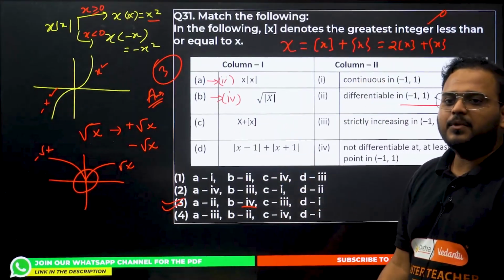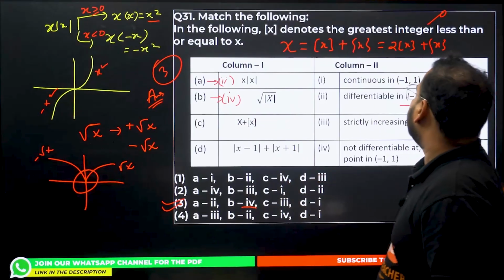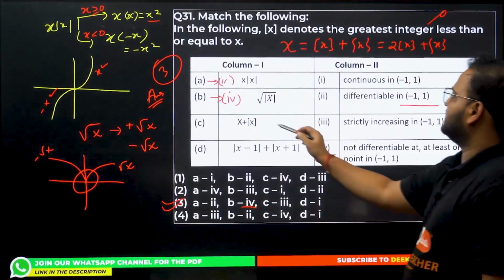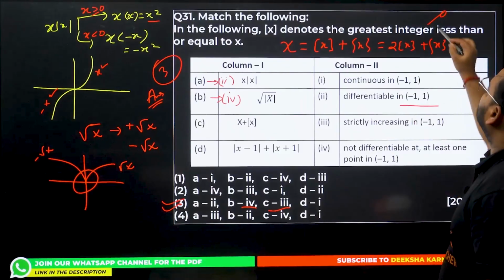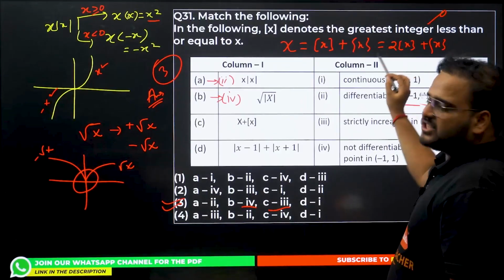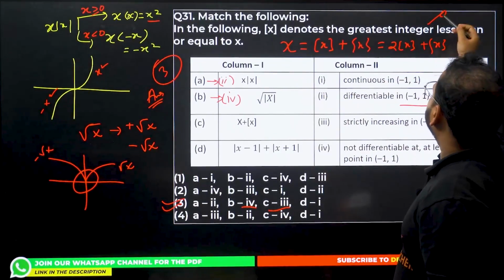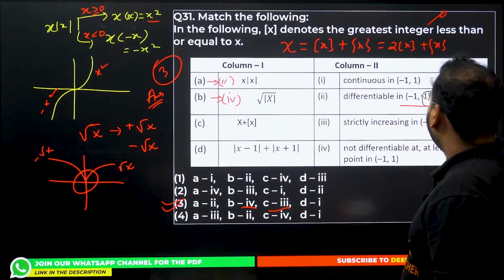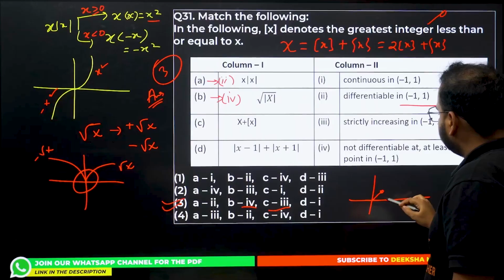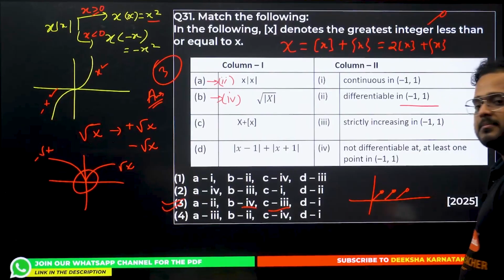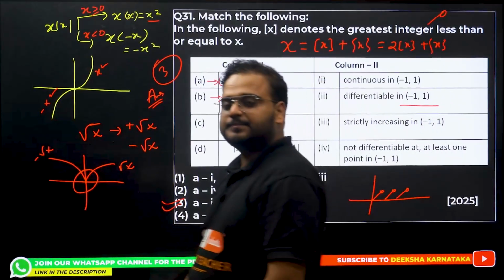So you'll have this answer as strictly increasing. C will be 3. Because this is a constant, right? An integer value, constant value, but this will make an always increasing function. If you remember the graph of the fractional part, right? It was like this, no? Remember? Please go ahead and check the graph.